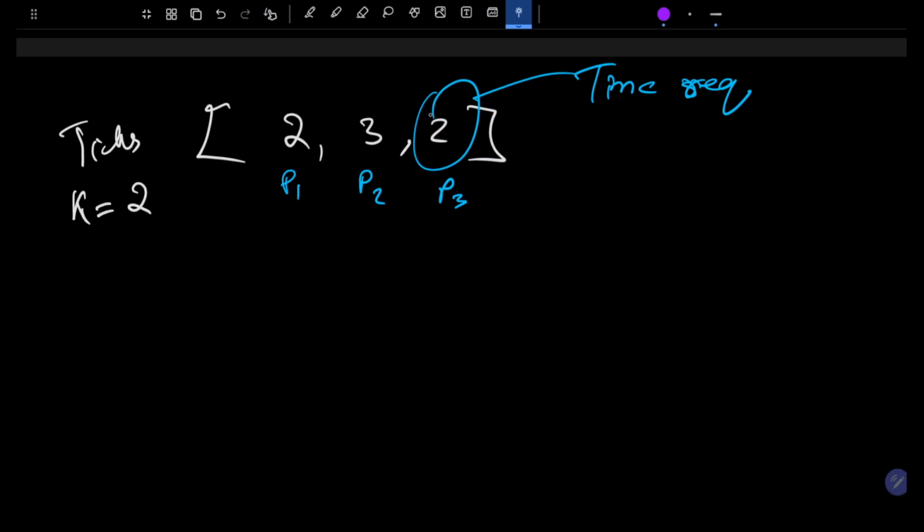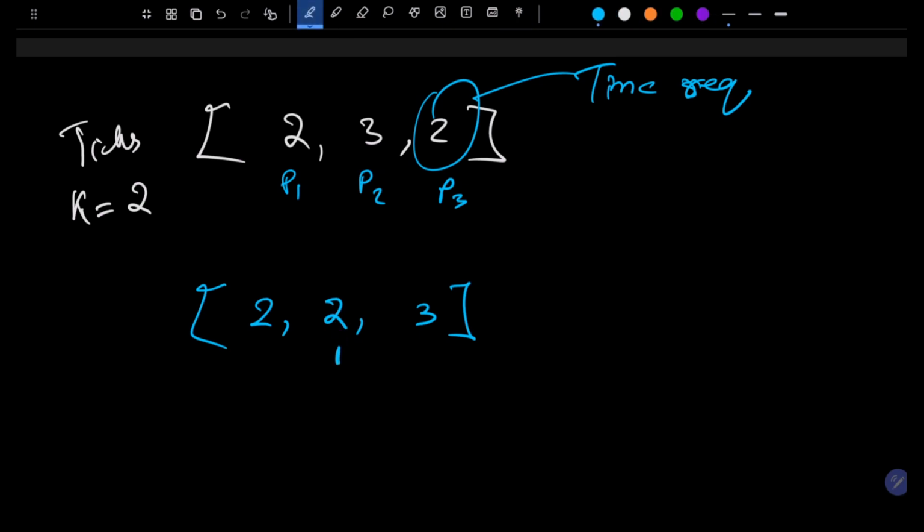But I'll change the example. I'll say two here, three here. Now this is my person, and I'm just keeping track of it, and this is my person. K is one here.